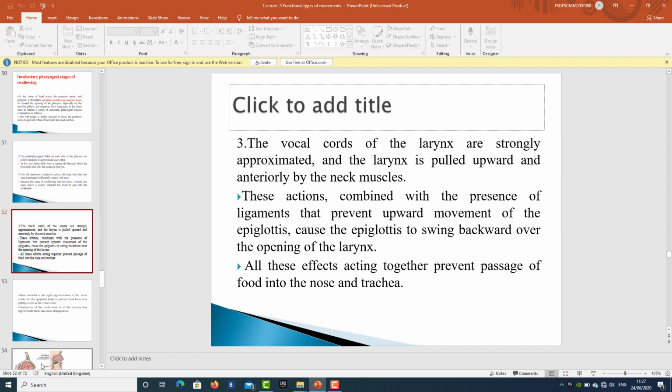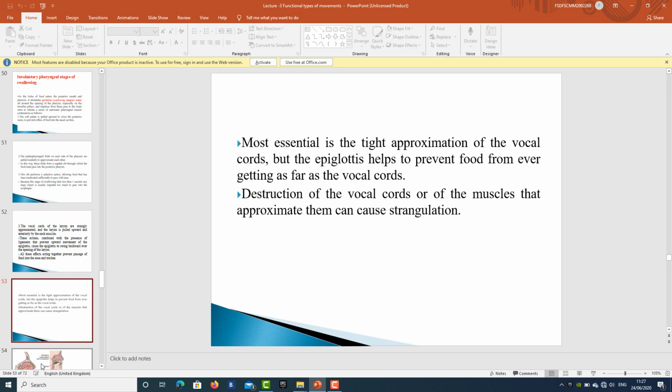All these effects acting together are going to prevent the backward passage of food into the nose and trachea. Most essential is the tight approximation of the vocal cords, but the epiglottis helps to prevent food from ever getting as far as the vocal cords. Now, if there is destruction of the vocal cords or of the muscles which approximate them, it can cause strangulation.